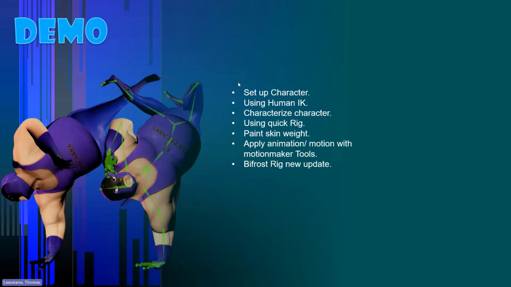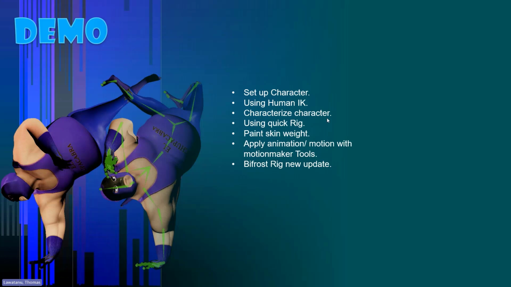Okay, so there are a couple of items when you see my screen right now. First, we need to set up the character, and then we can use the Human IK. Second, we characterize, and then we can see the difference as you apply Human IK step by step. There is also an option to create the rig using the Quick Rig tool, another tool from Maya.